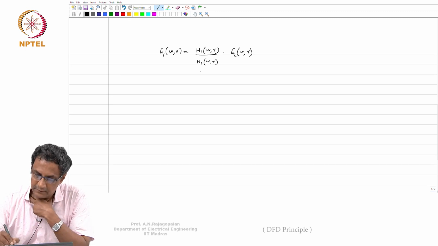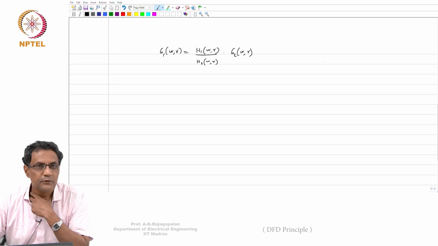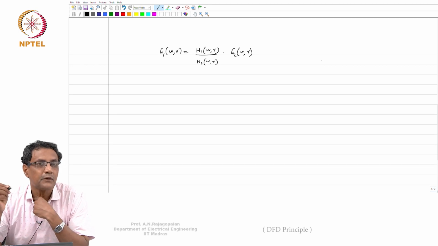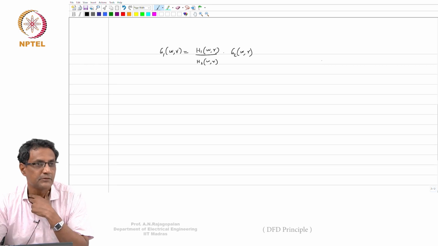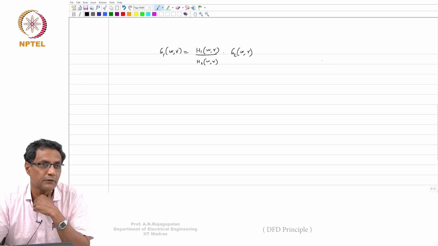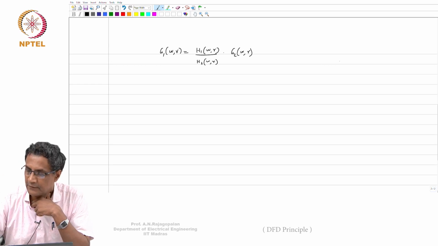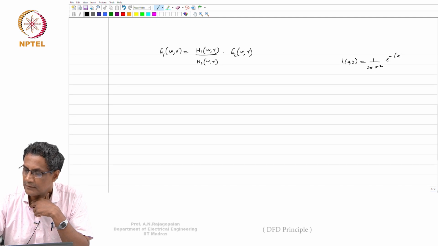Then we know that H of omega nu is e power minus omega square plus nu square by 2, but then sigma square gets multiplied on top when you take the Fourier transform. If you have H of x y to be 1 by 2 pi sigma square e raised to minus x square plus y square by 2 sigma square, then when you take the Fourier transform, what is that?